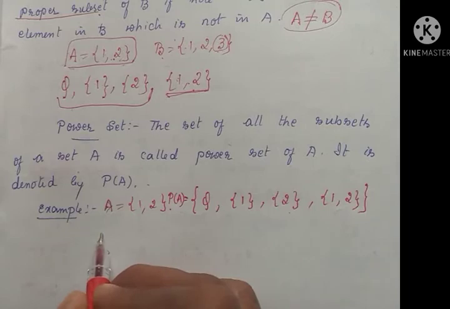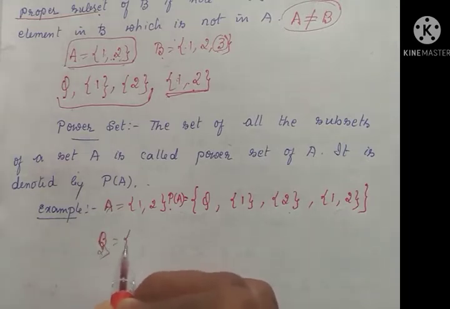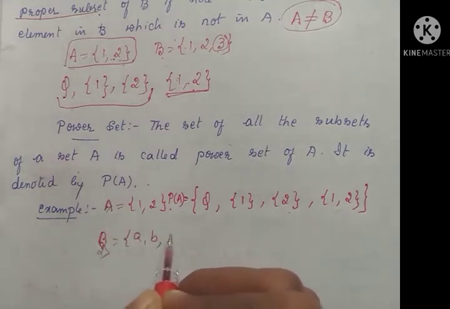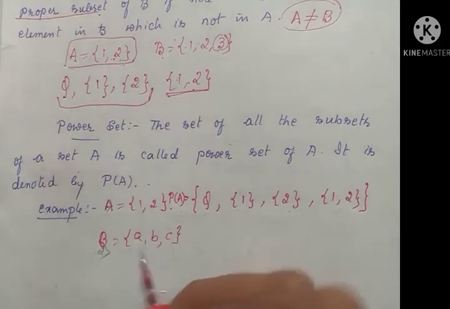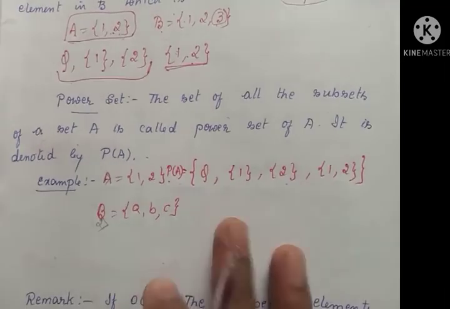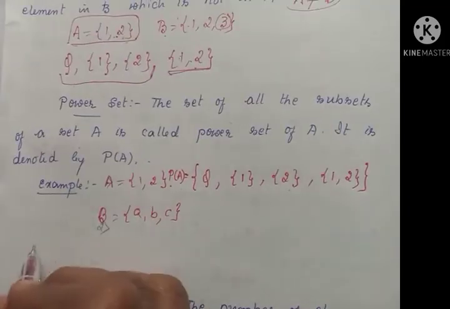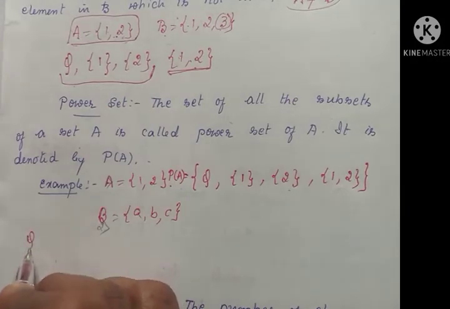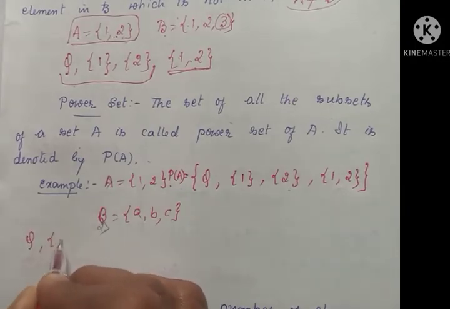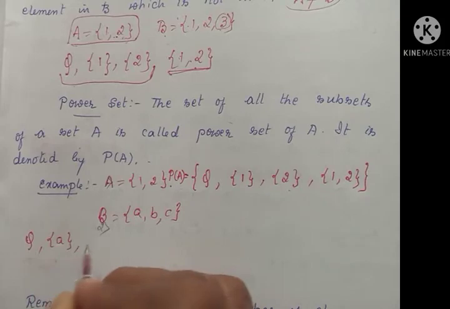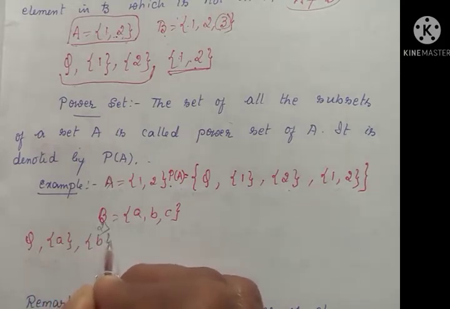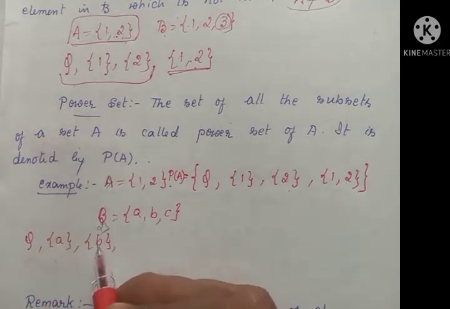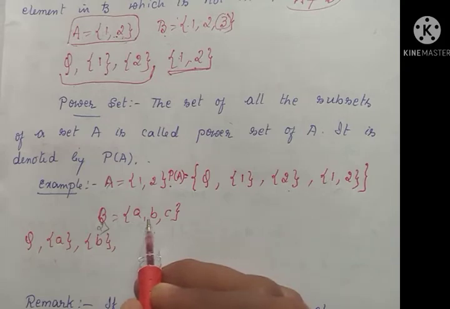I'll take one more. Let B = {a, b, c}. There are 3 elements. So what are the subsets of this one? Clearly, one is the empty set, a set having the element a, and a set having the element b, because this is a subset of B, isn't it?